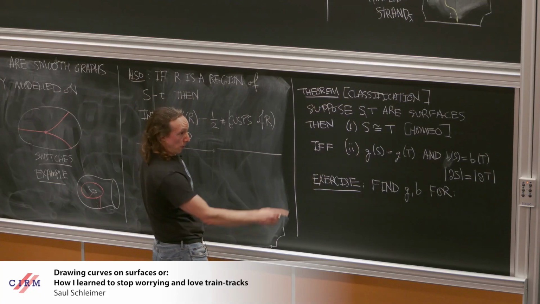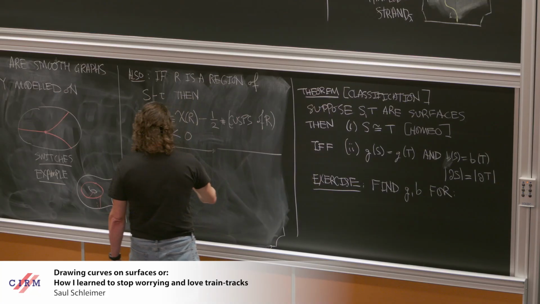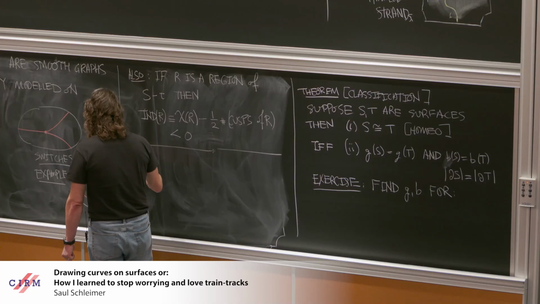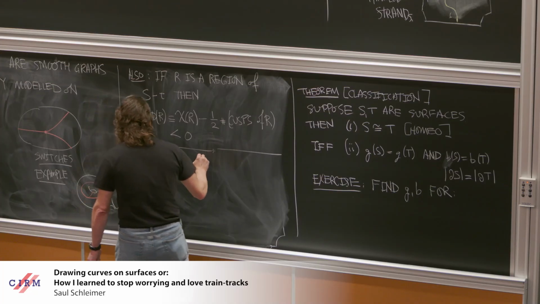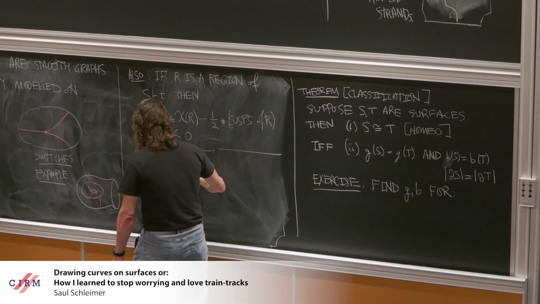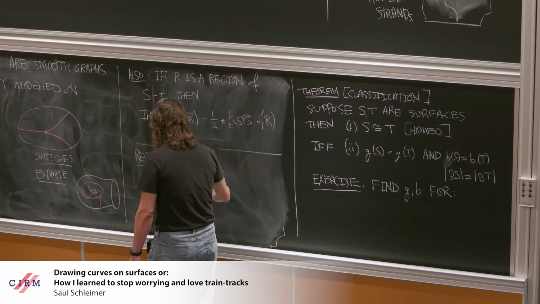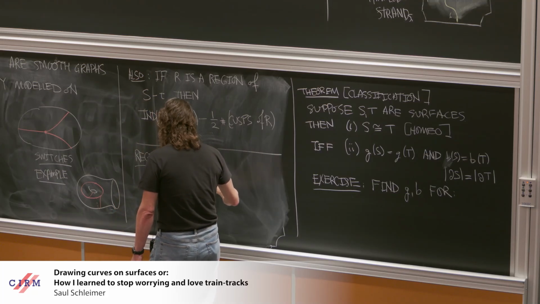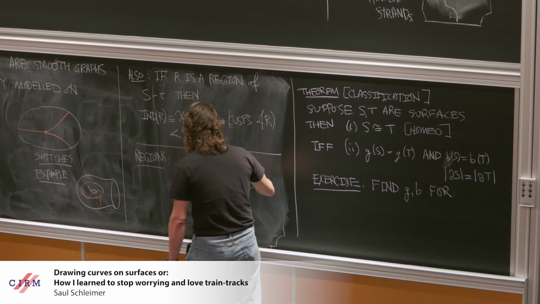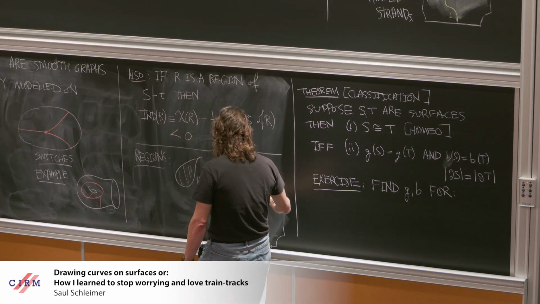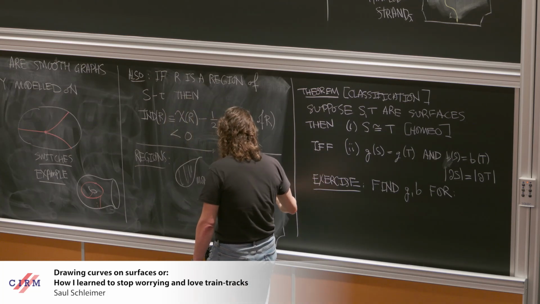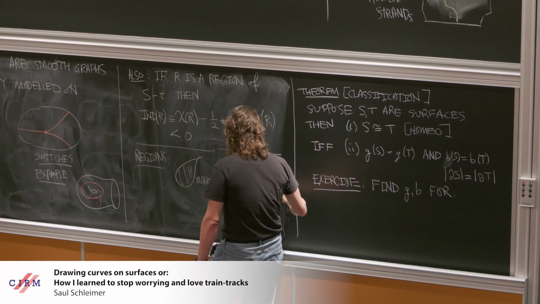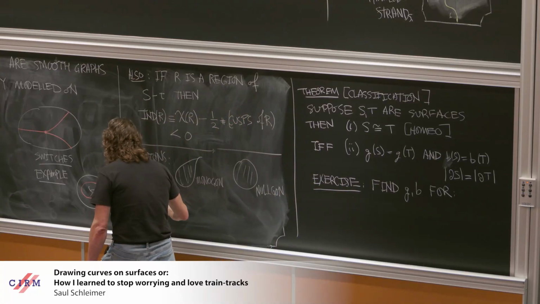So perhaps thinking about that sort of picture, regions. So here are some bad regions. This is the monogon. Here's the nullgon. Here is the annulus.